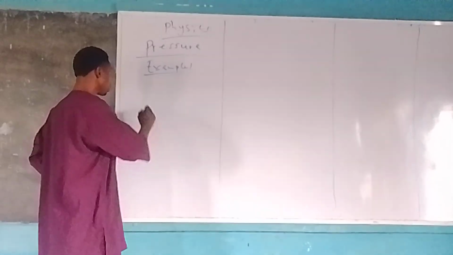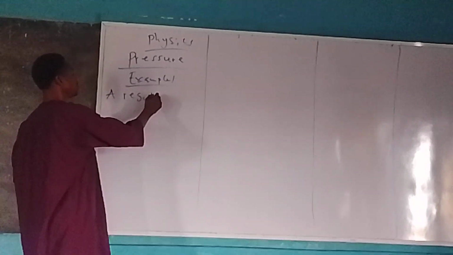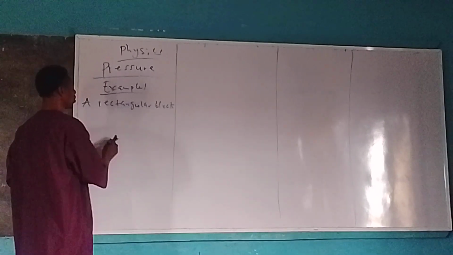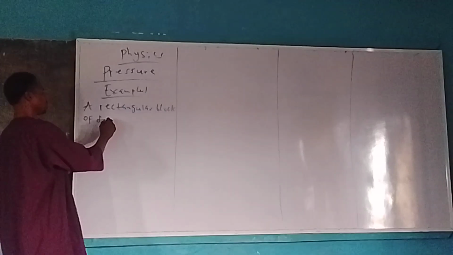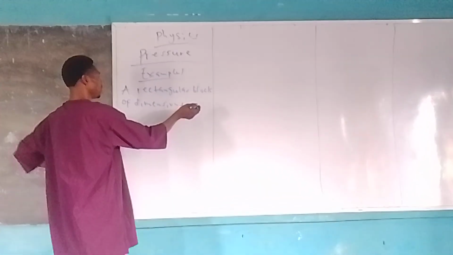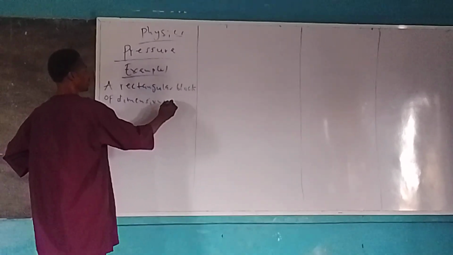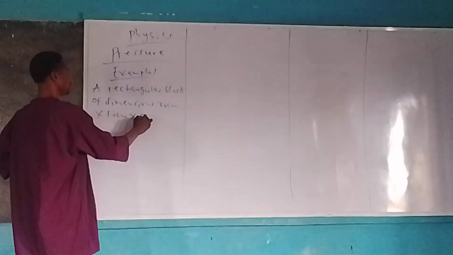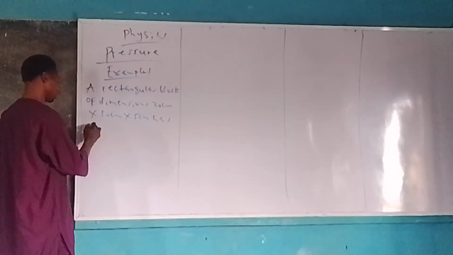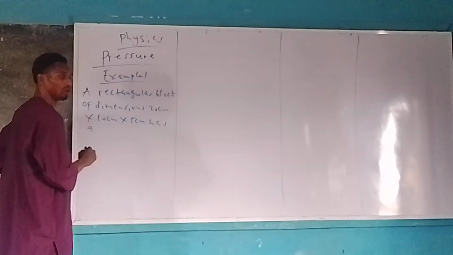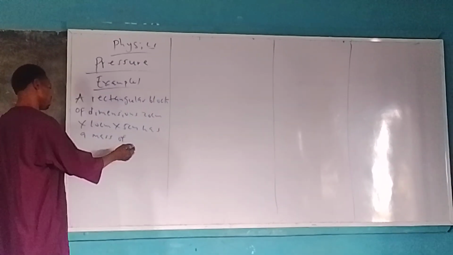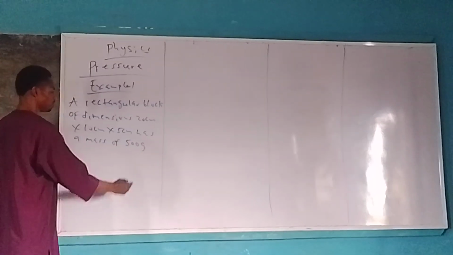Example 1. A rectangular block of dimensions 20 centimeter by 10 centimeter by 5 centimeter has a mass of 500 grams.